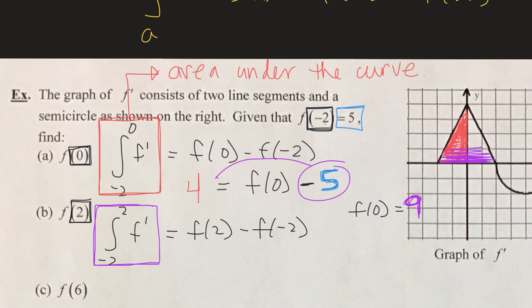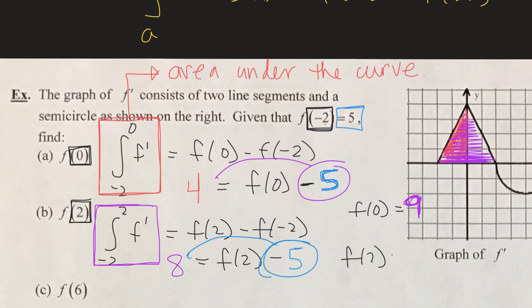And we get this nice triangle with a base of 4 and a height of 4. So this has an area of 8. That purple triangle has an area of 8. And f of -2 is still 5. So when I add 5 to the left side, f of 2 equals 13.